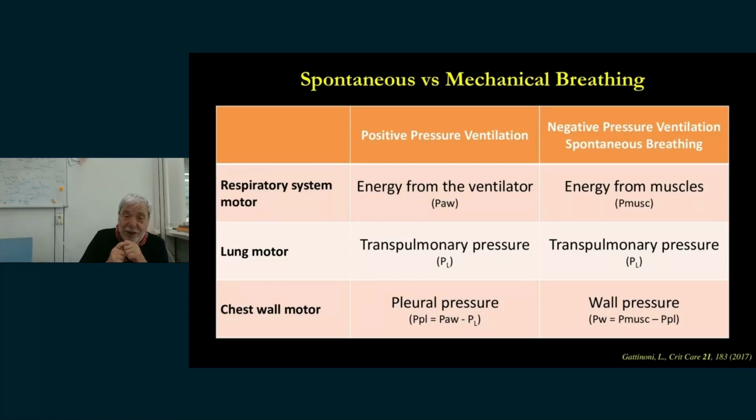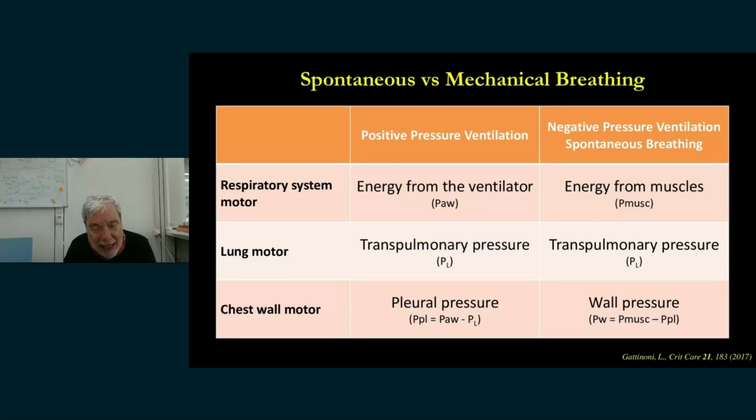In spontaneous breathing, usually my airway pressure is 0. So what moves the lung is still the transpulmonary pressure, but because I make the pleural pressure more and more negative. And what makes the pleural pressure negative is the P muscle, which is usually ignored, but is the equivalent, in terms of physiological meaning, of the pleural pressure during spontaneous breathing.